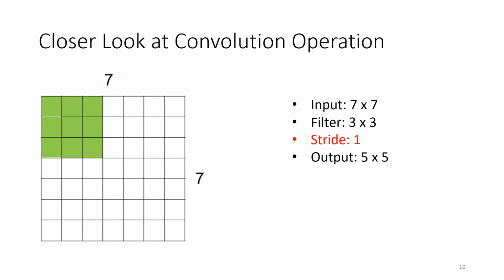Okay, let's take a closer look at the convolution operation and see what this stride parameter means. A stride is the number of steps you move the kernel at each convolution operation. If the stride is 1, your filter, the green box, moves 1 pixel at a time.